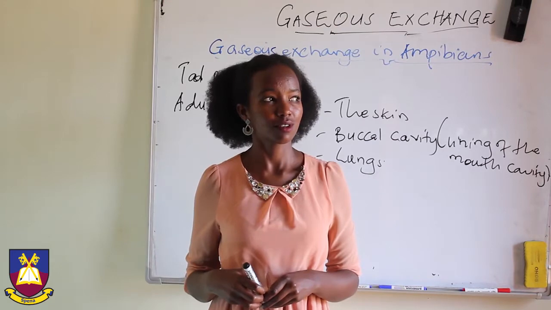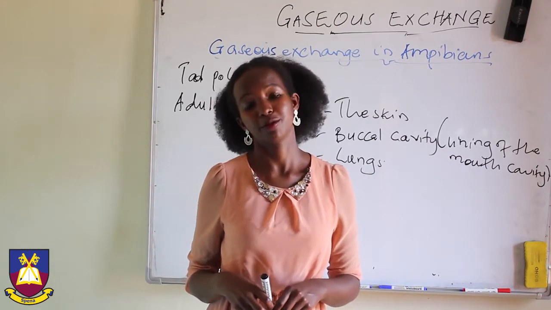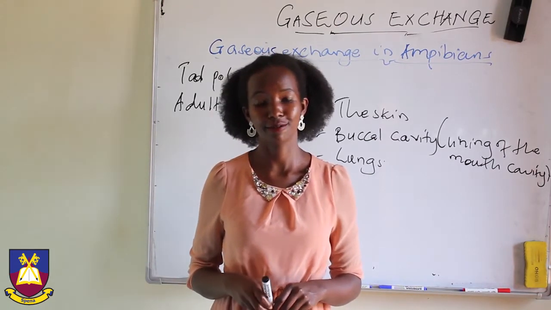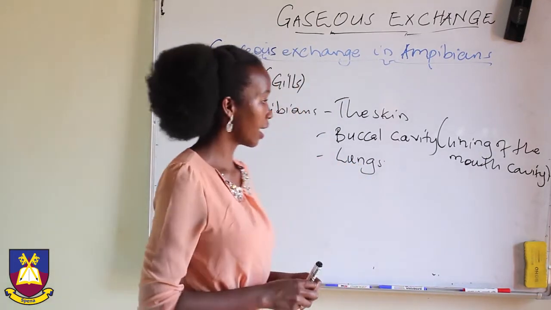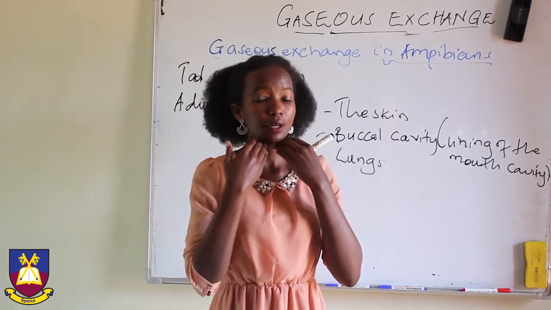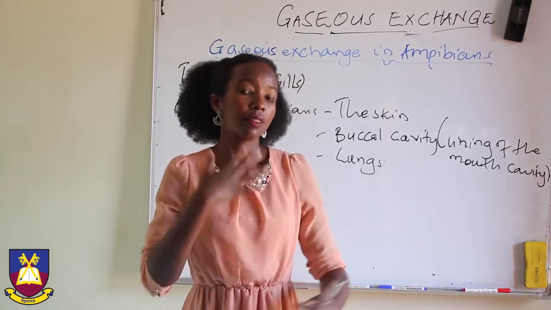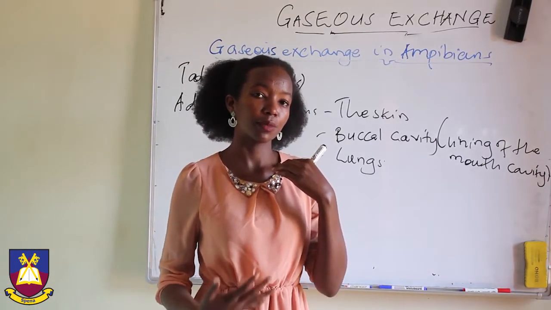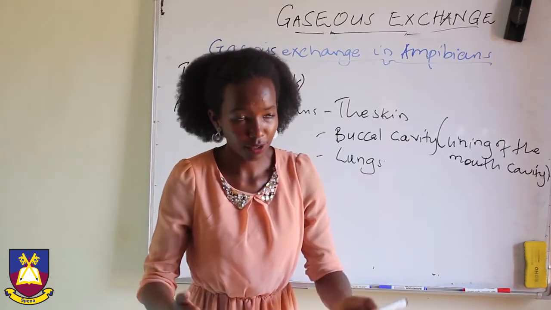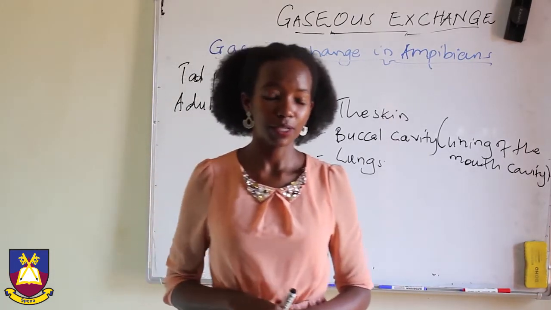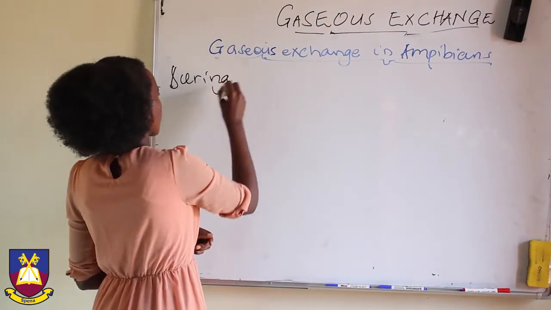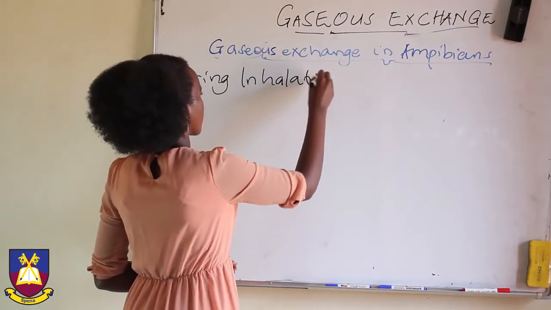Of course, yours is also kept moist, but it's not as thin, therefore you cannot use it for gaseous exchange. It also has a very rich supply of blood capillaries that bring the carbon dioxide from the body for exhalation and take away the oxygen to the rest of the body.